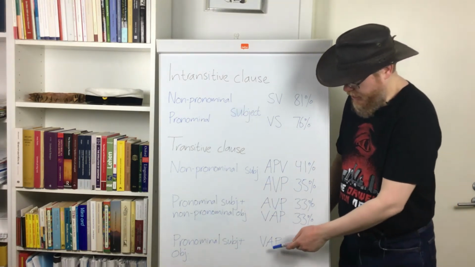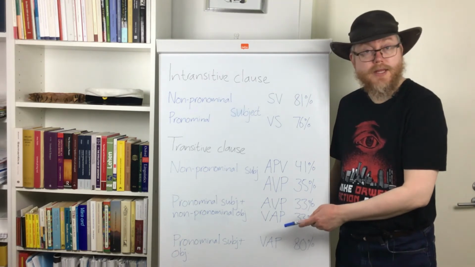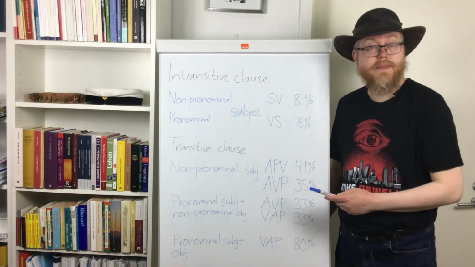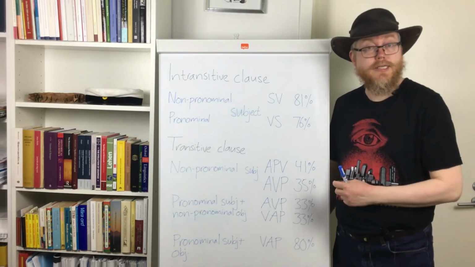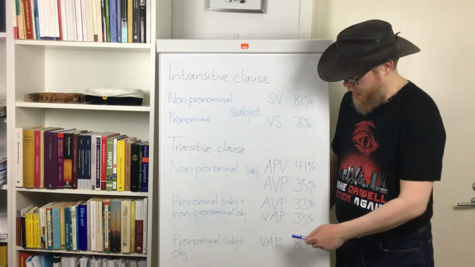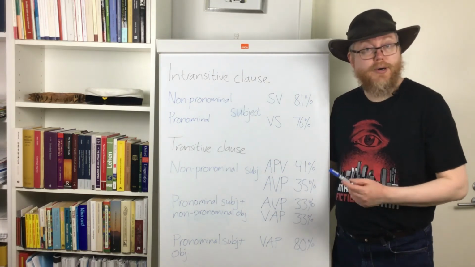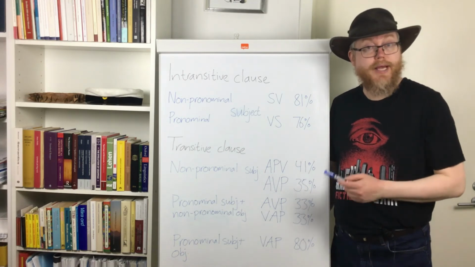Here I should say that in transitive clauses, the subject is also called agent, because the subject is the one acting, and the direct object, the one being acted upon, is also called patient.